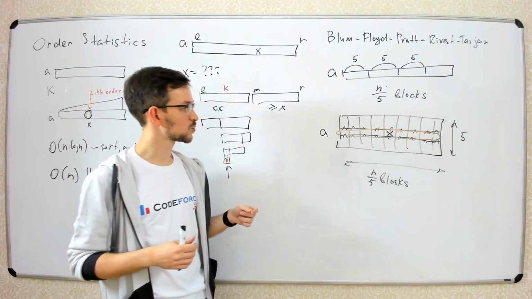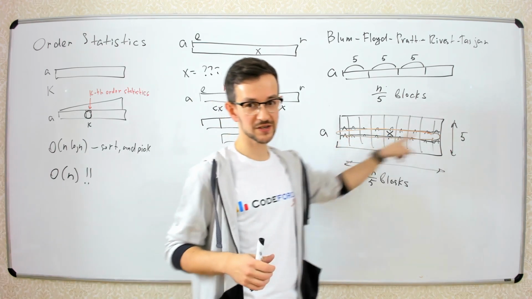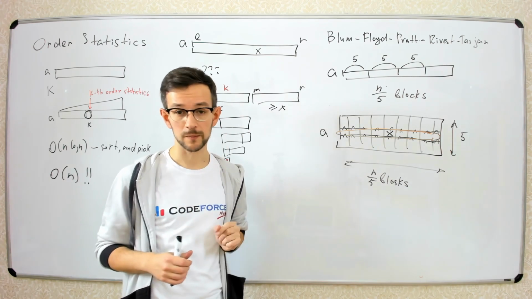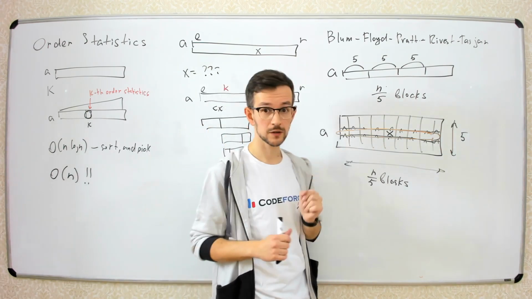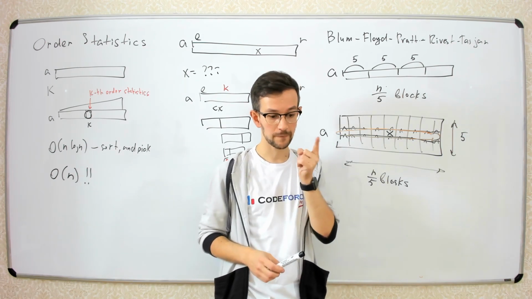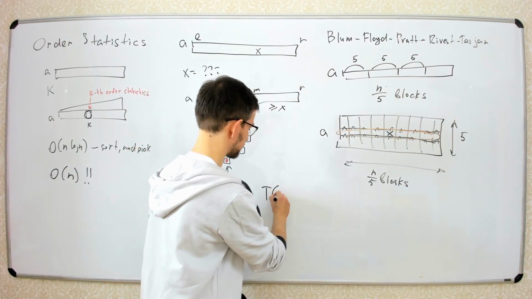Yes, that's a good question. To find this median of medians, we need to sort these elements. But actually, we don't need to sort them. We only need to find the median. And to find the median element, we can use the same algorithm recursively. So what can we do? Let's see, T of n.